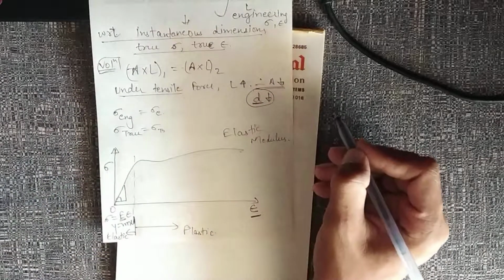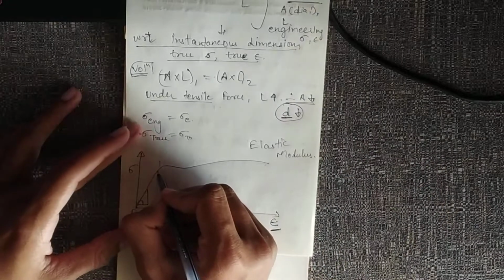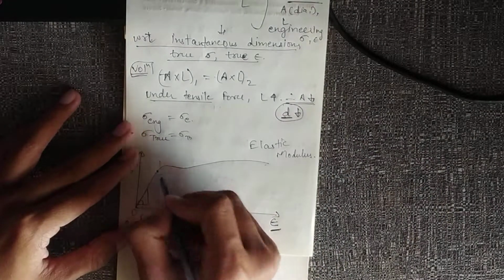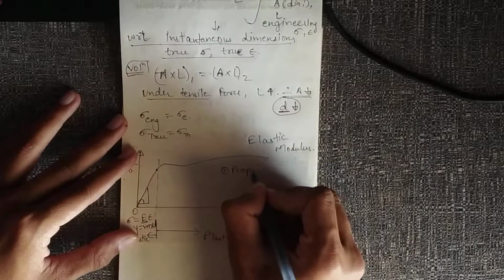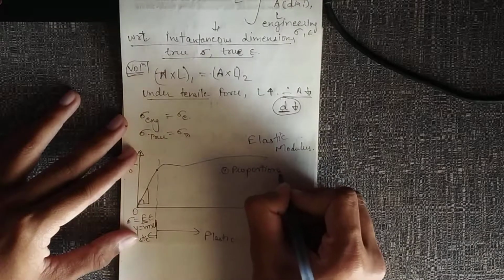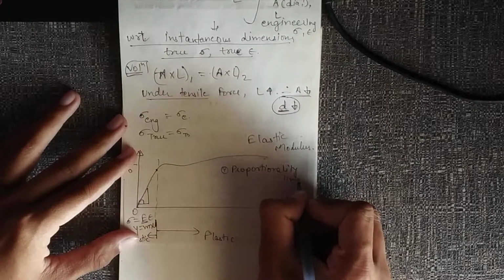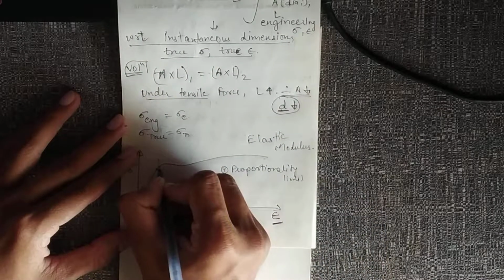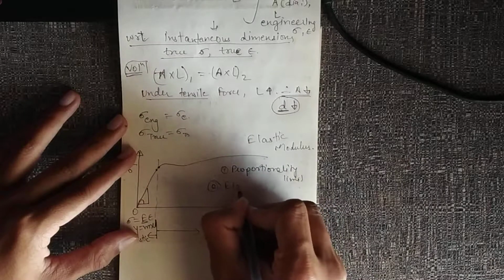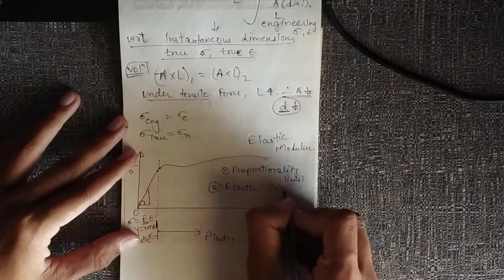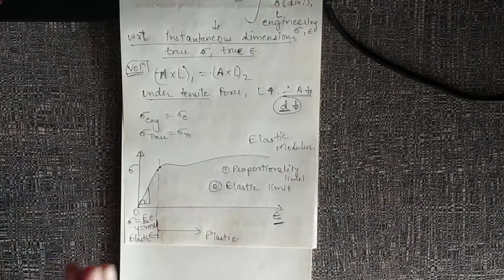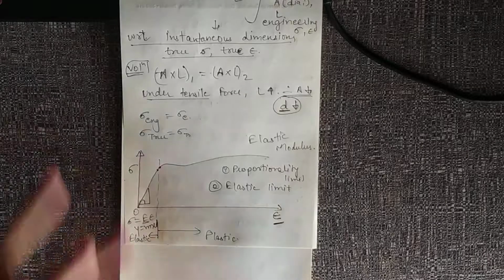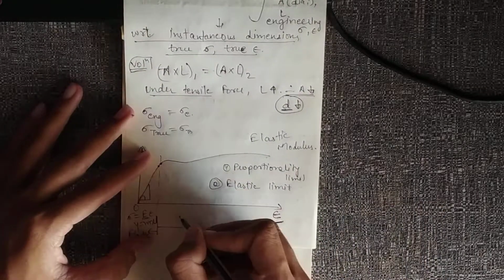Okay, and then after here we have a point. The first point which we achieve is the proportionality limit. The second point just after it will be the elastic limit. Between these two points, the elastic nature is retained, but the stress and strain are not linearly proportional as before.